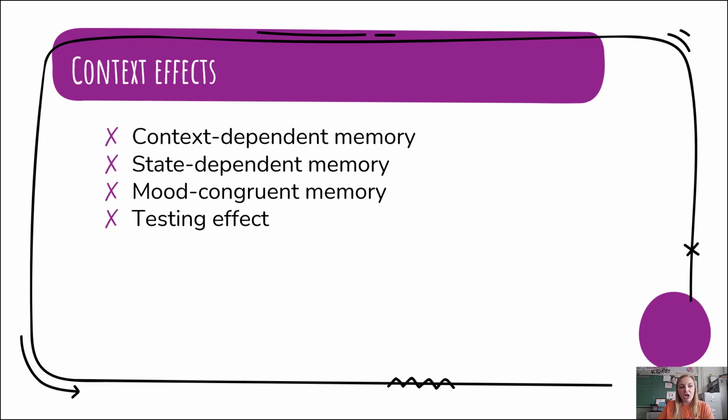The next thing we're going to talk about is context effects. Context effects refer to the influence of external factors or the surrounding environment on how we perceive, remember, and interpret information. There are a few different types of context effects we're going to talk about. Context-dependent memory is the idea that information is optimally remembered when it's recalled in the same place in which it was initially learned.